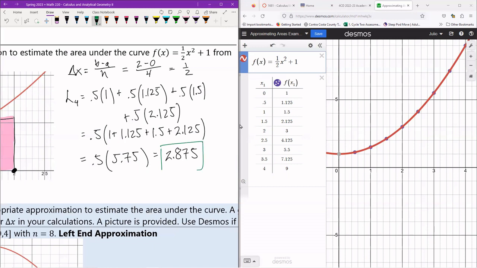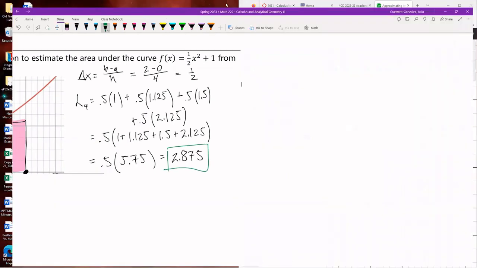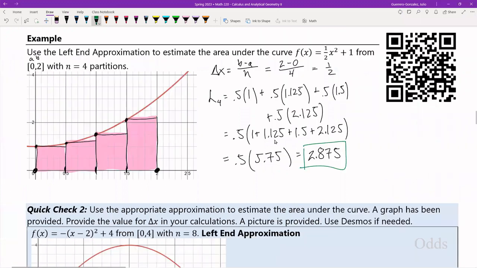So the approximate area underneath the curve here is about 2.875, which looks about right. I mean, it's an under approximation, right? But it's pretty close. Okay. That's it. That's the calculation for this. No more, no less. Okay.